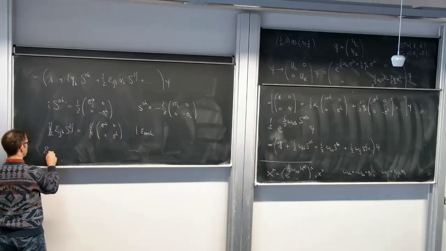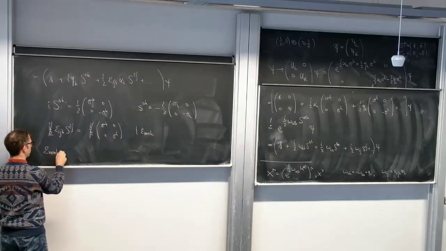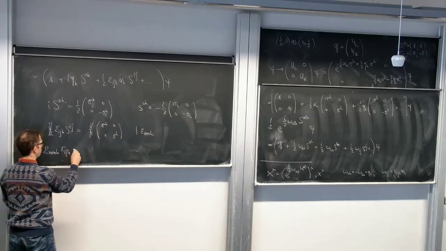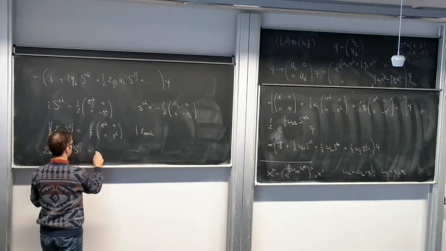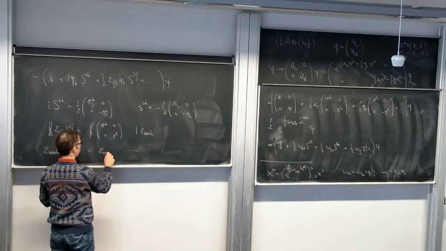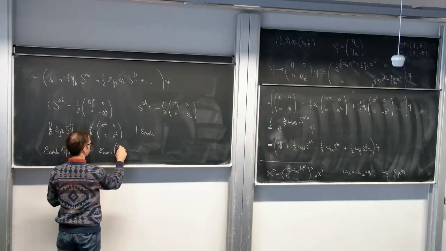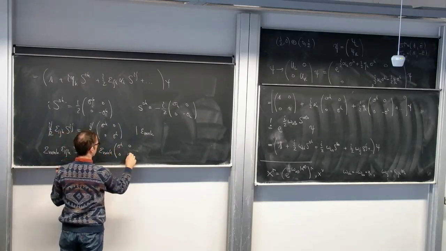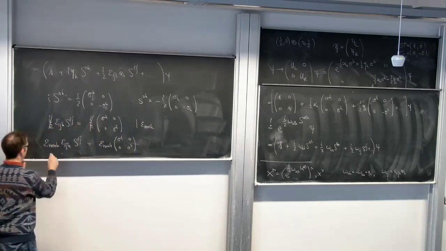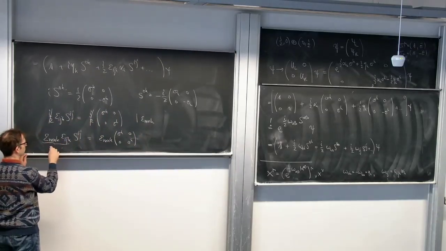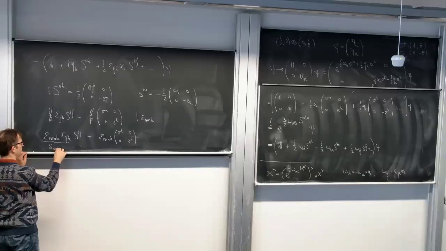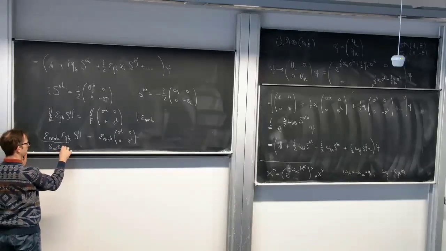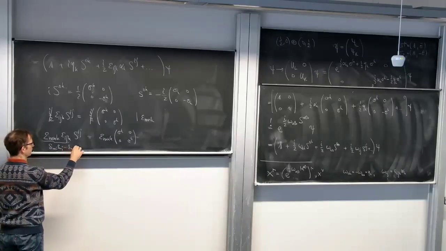So I have epsilon m n k, epsilon i j k, s ij, and the right hand side is epsilon m n k, sigma k, sigma k. And this thing is a bunch of delta functions, delta mi, delta nj, minus delta mj, delta ni.